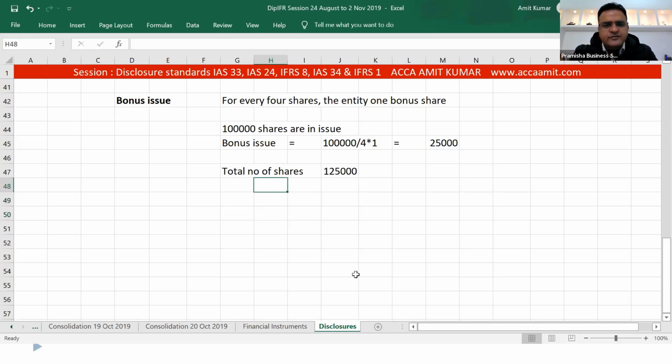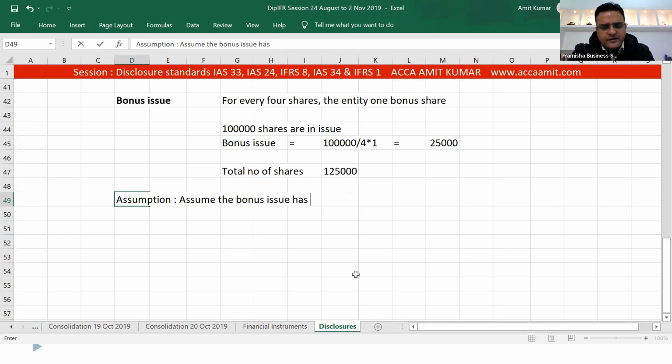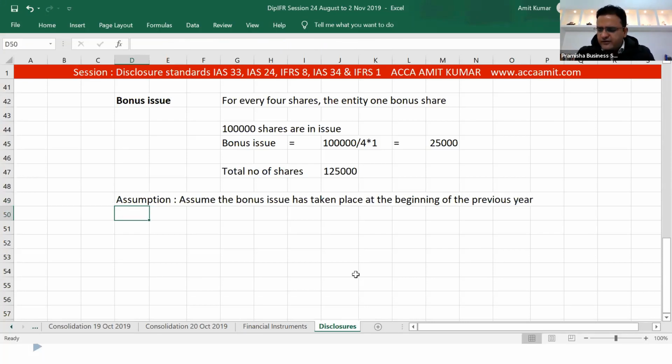So there is an assumption used for the purpose of comparison. Assume the bonus issue has taken place at the beginning of the previous year.